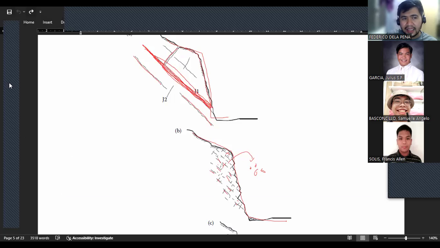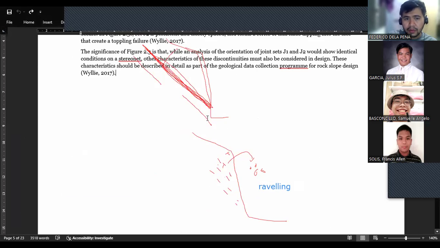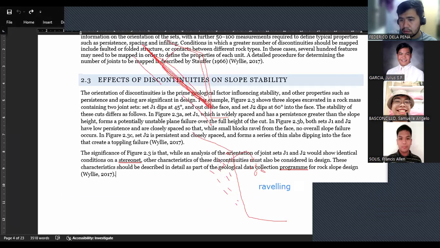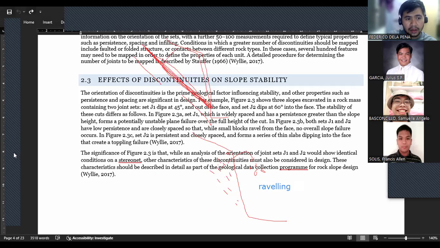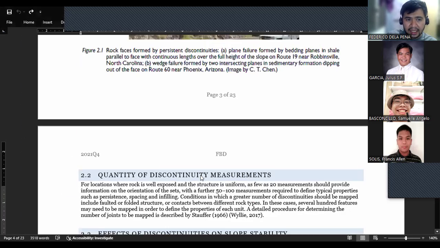In engineering geology, we call that phenomenon unraveling, or piece by piece failure or removal of rocks from your rock slope. All right. Now that's persistence.